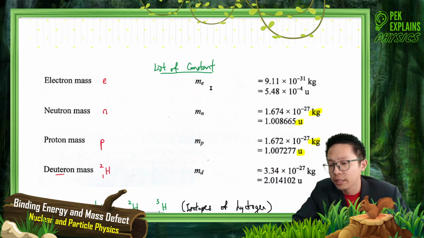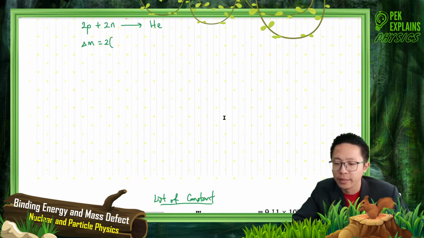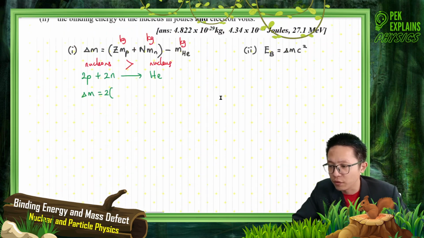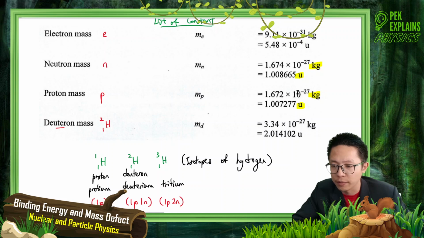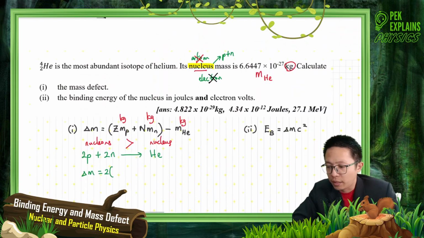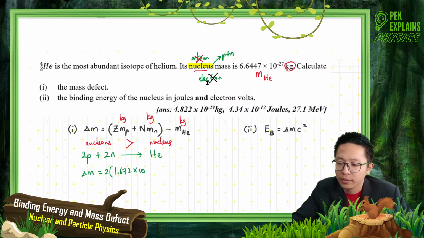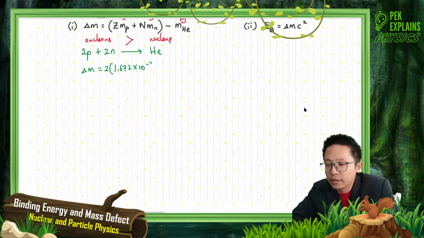Since the helium is given in kilogram, the mass of proton and neutron must also be in kilogram. So we take these two. First of all is the proton. Mass of proton is 1.672 exponent negative 27.